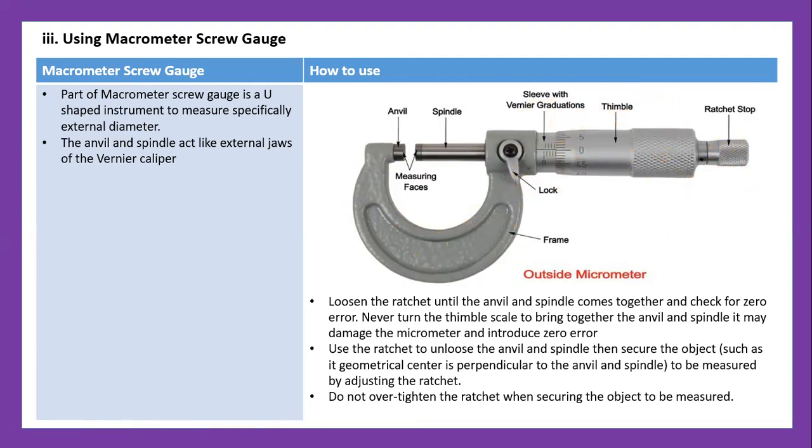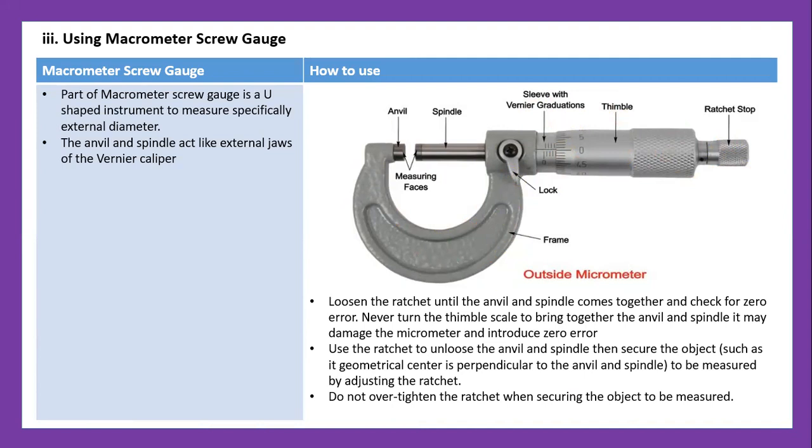First, you have to loosen the ratchet until the anvil and spindle come together, and check for zero error. Never turn the thimble scale to bring the anvil and spindle together, because it may damage the micrometer and introduce zero error.